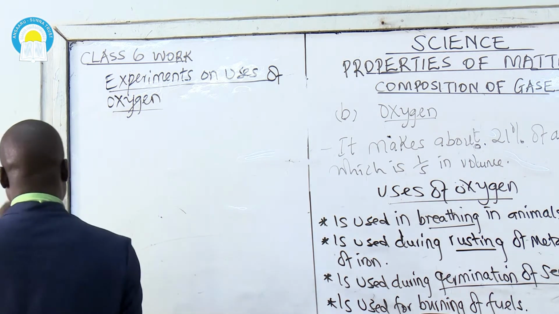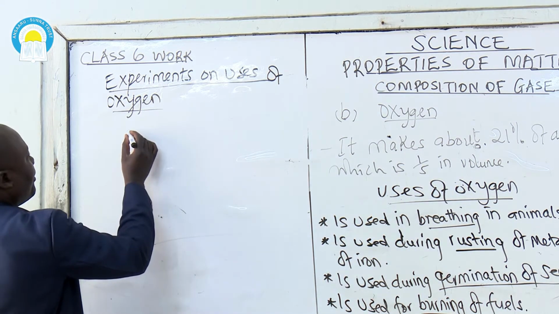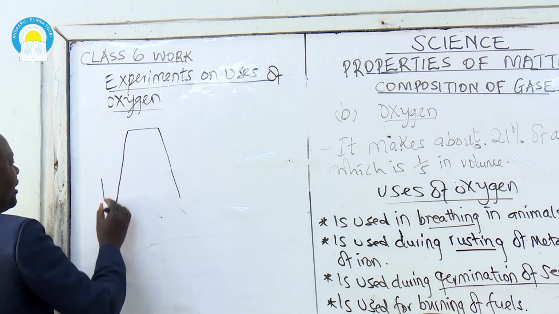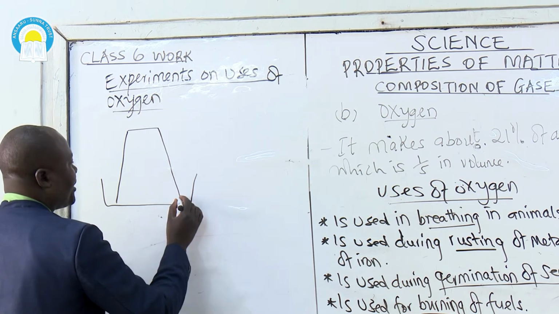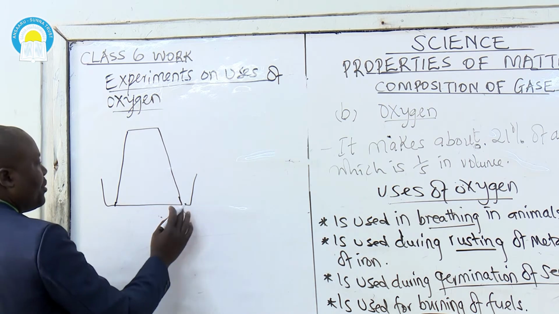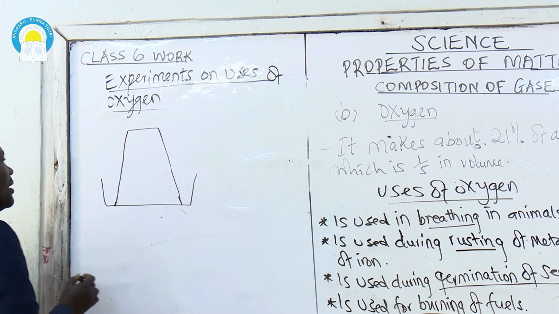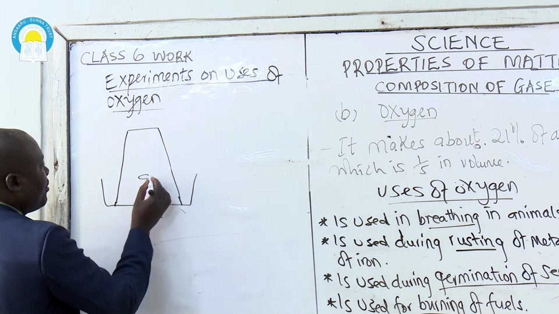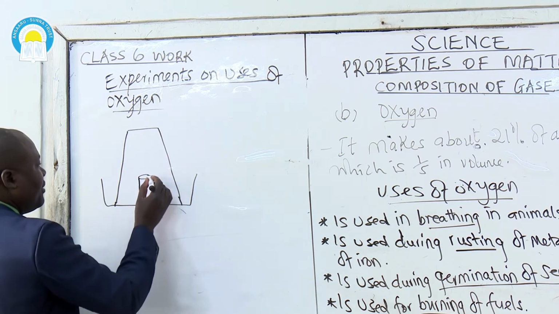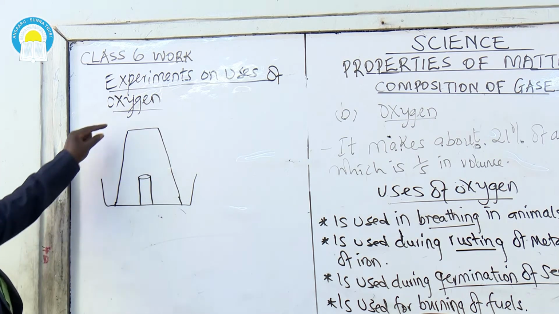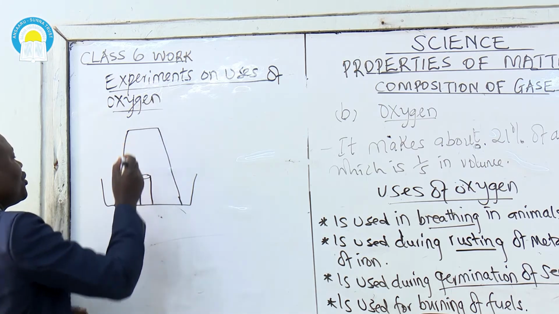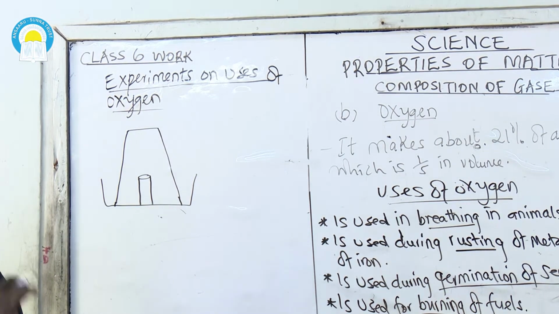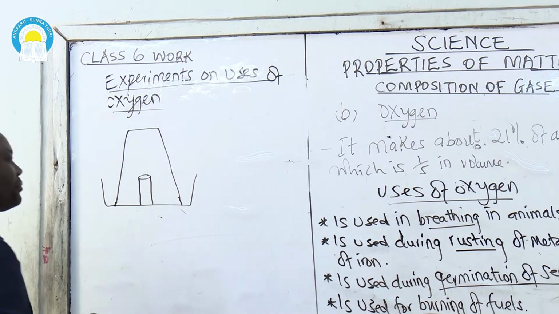So this is how the experiment will look. You have a glass like this. You invert this glass in a plate or a small basin of water. After inverting, make sure the candle is already inside, stuck in the plate or the water basin.